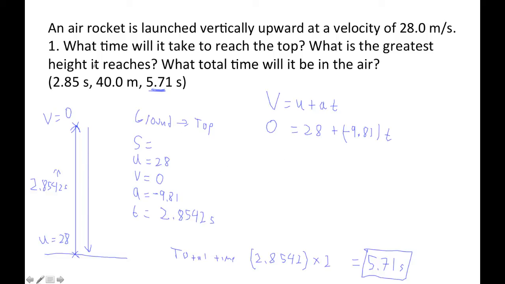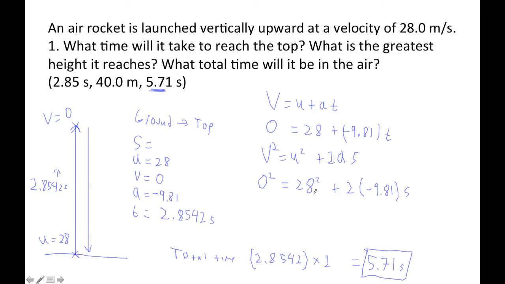All right, and then we want to figure out the height that it reaches. Now to do that in a sort of morally pure way, I won't use the time. I'll use no t. So I'm going to use v squared is u squared plus 2as. Okay, so 0 squared is 28 squared plus 2 times negative 9.81 times s, which we don't know.